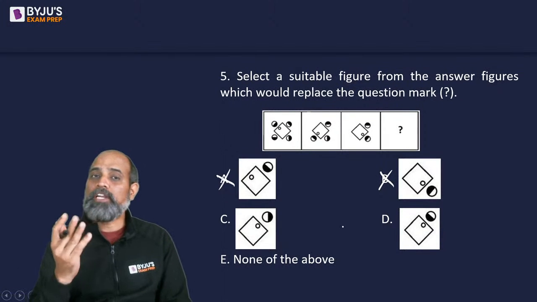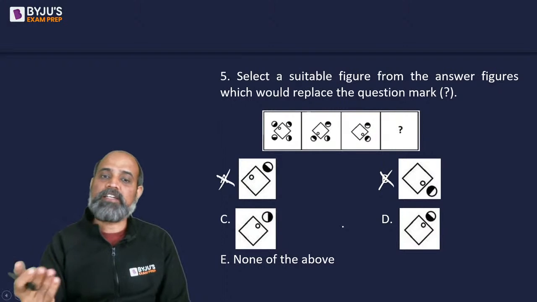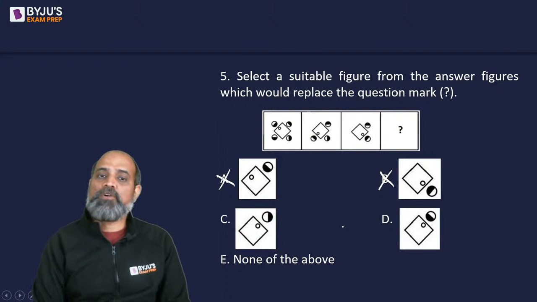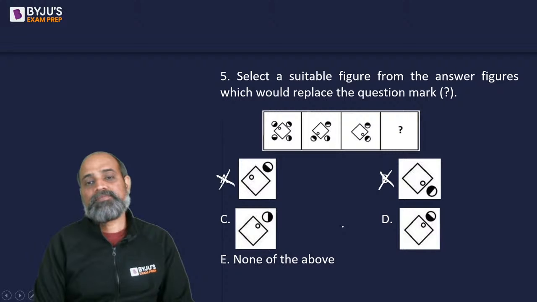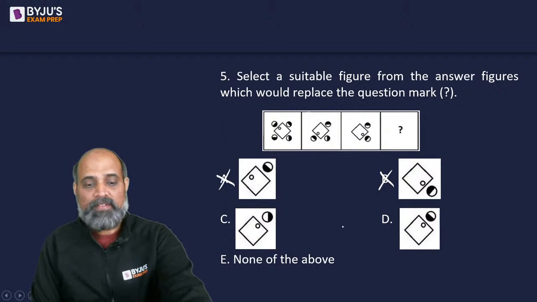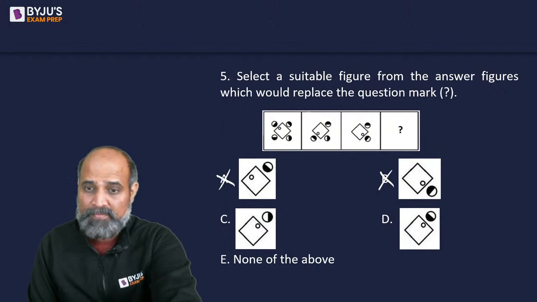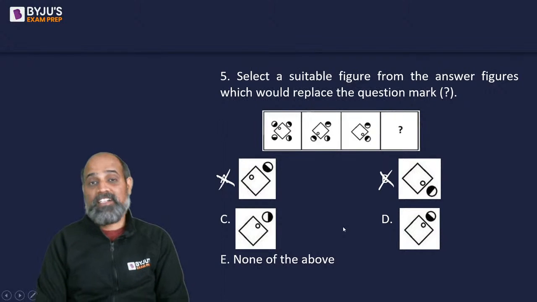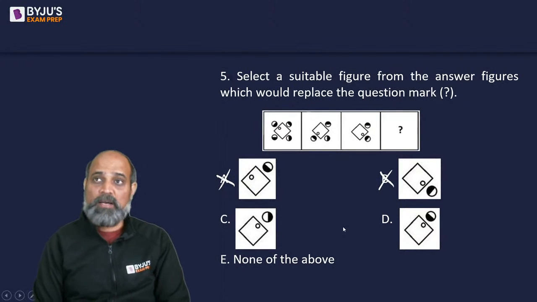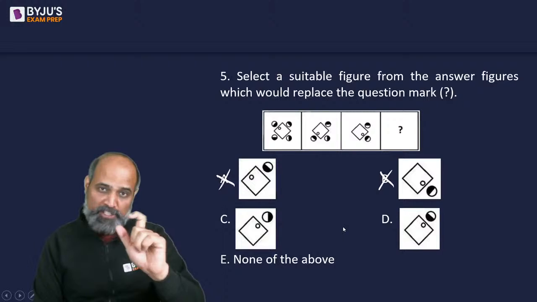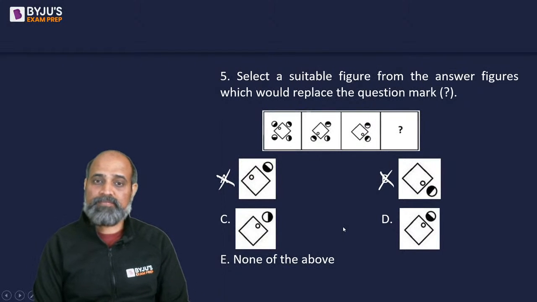But what should be the orientation of that black and the white thing? So how do we understand that? So people are confused between Charlie and Delta, right? So there is something going on between the black and the white shaded portion here, right?